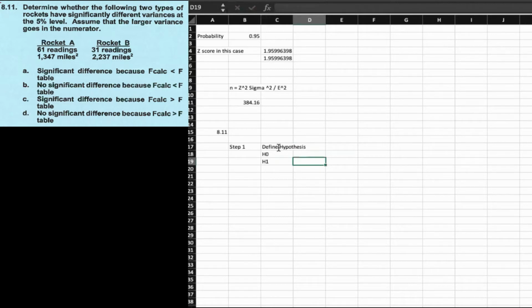So we say sigma squared for rocket A does not equal sigma squared for rocket B, right?